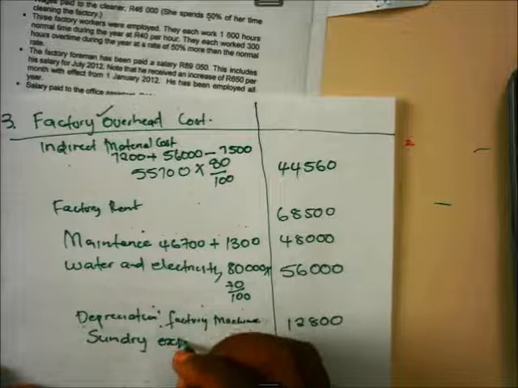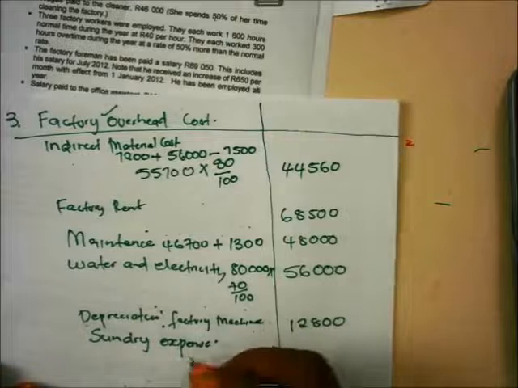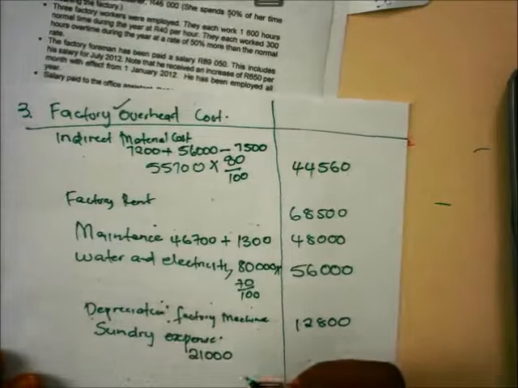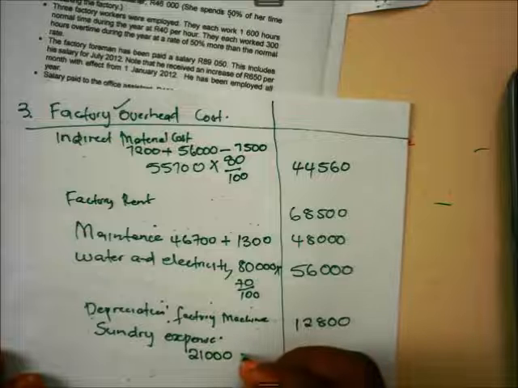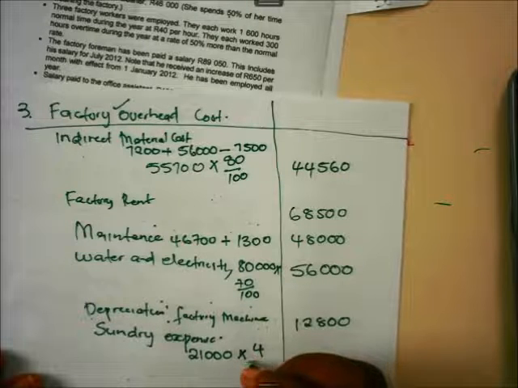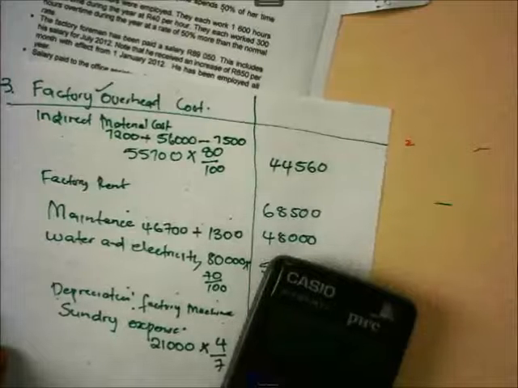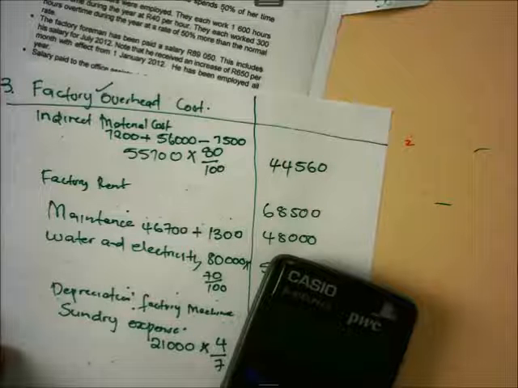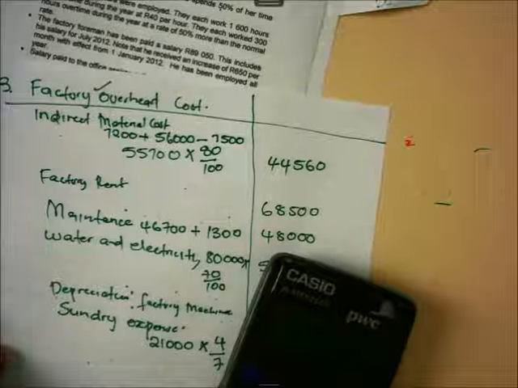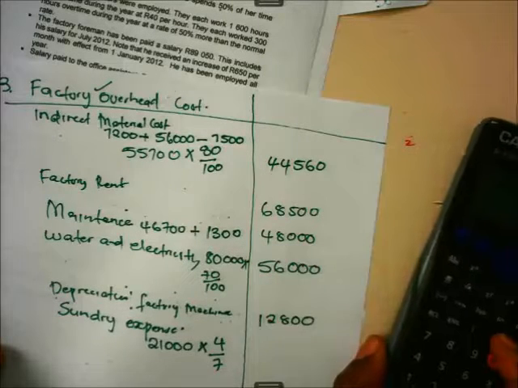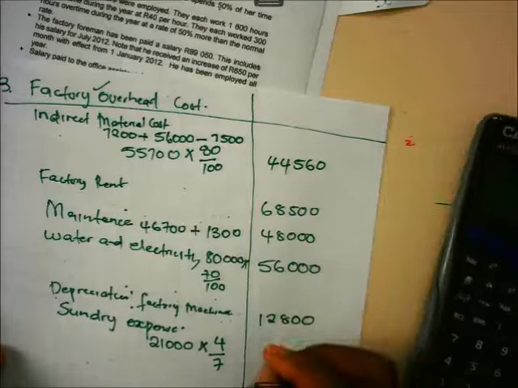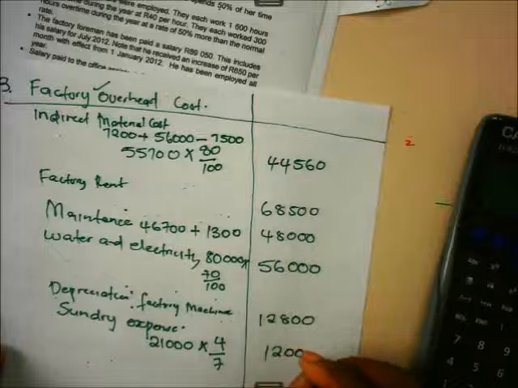The total is 21,000, but it is allocated according to the ratio. Multiply by 4 over 7 to get sundry expenses of 12,000.